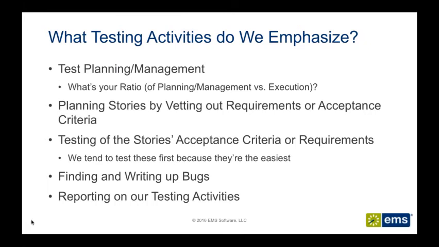We also emphasize planning the stories by simply vetting out the requirements or acceptance criteria that is listed either within the documents that we are looking at or within the acceptance criteria. But if you're like me, you may have experienced either incomplete or inaccurate acceptance criteria. That seems to be a theme that tends to follow a lot of Agile teams.